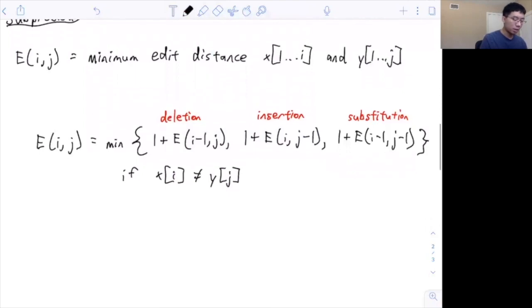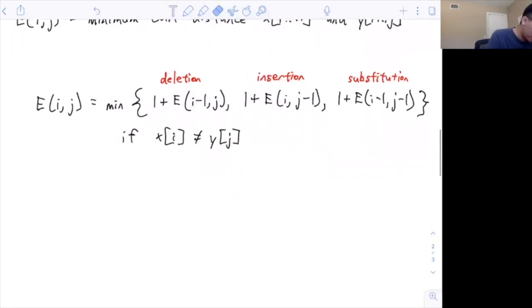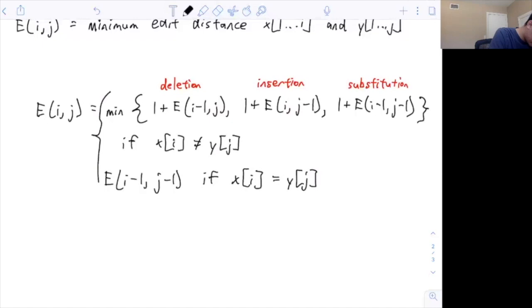But when the characters are the same, we don't need to make an edit at all, and we can just use the same number of edits that we've had previously. So it would be equal to E of i minus 1 and j minus 1 if x of i equals y of j. So in reality, these are the two cases that we're considering here.